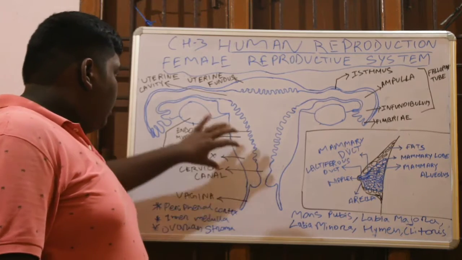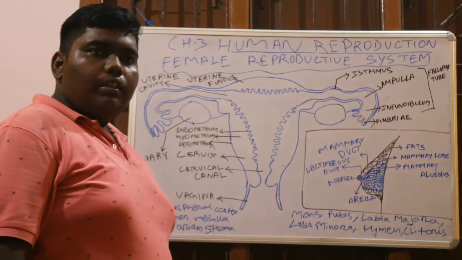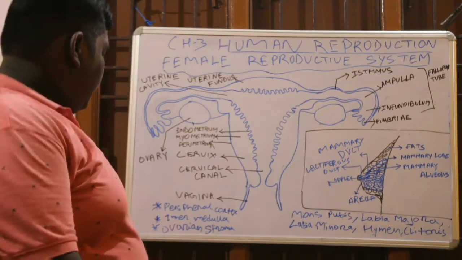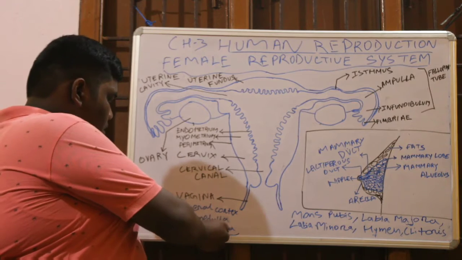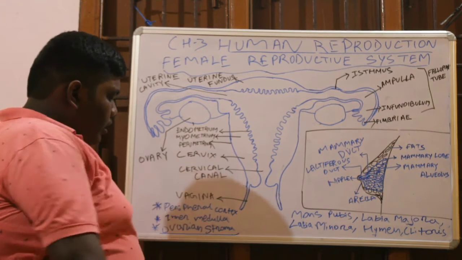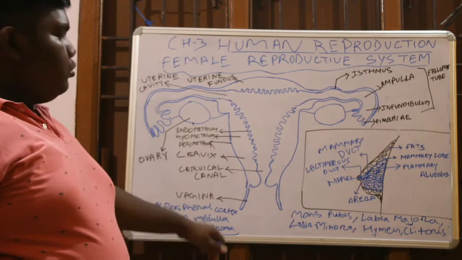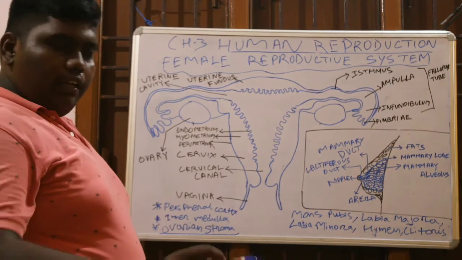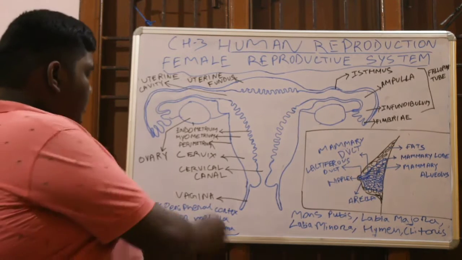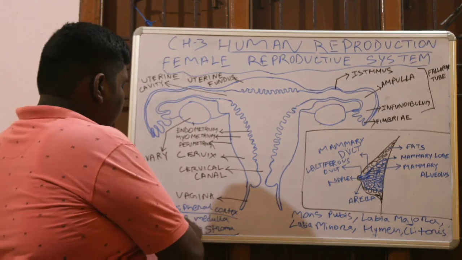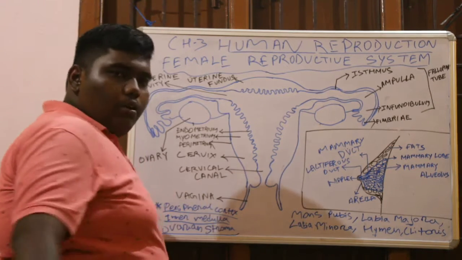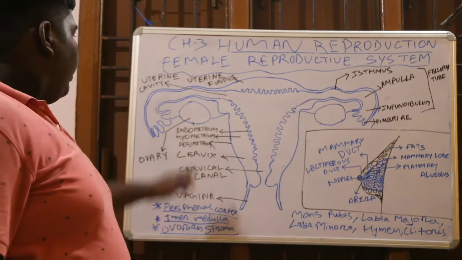This ovary is covered with an epithelium, and inside it is the ovarian stroma. This ovarian stroma is further divided into two parts, the peripheral cortex and the internal medulla. Okay, this is what the ovary is.